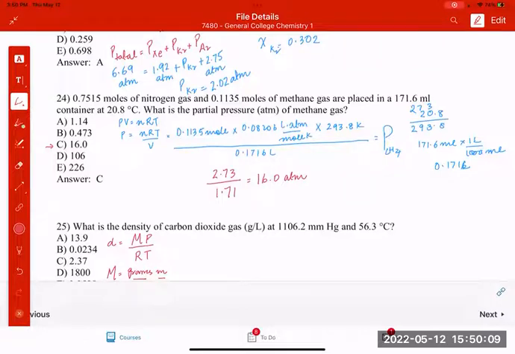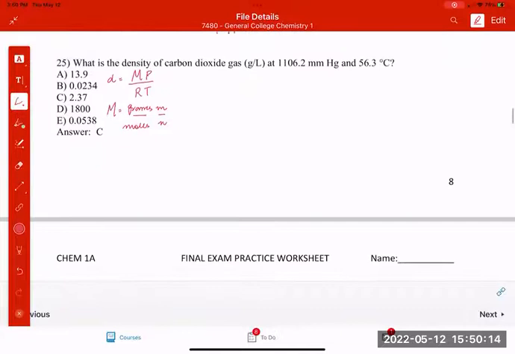All right. So next is, what is the density of carbon dioxide gas in grams per liter at 1106.2 millimeters of mercury and 56.3 degrees Celsius?